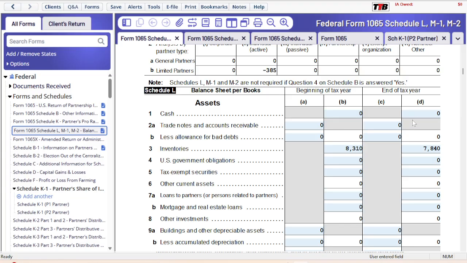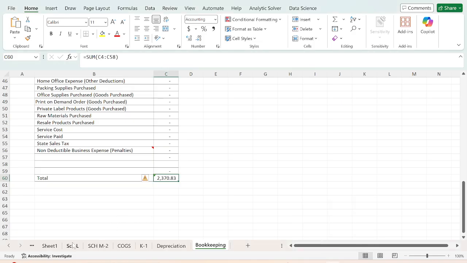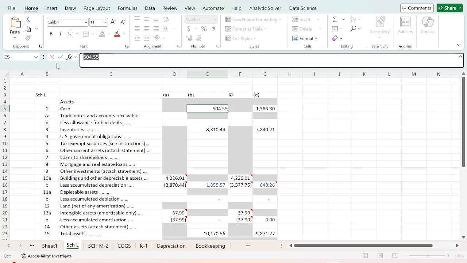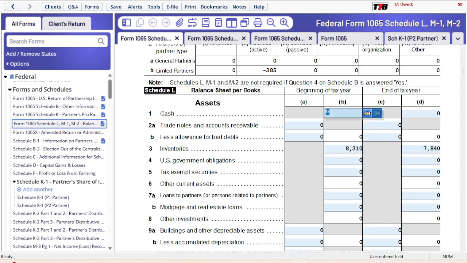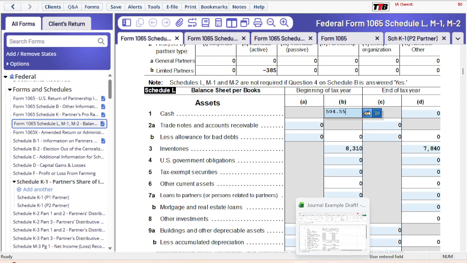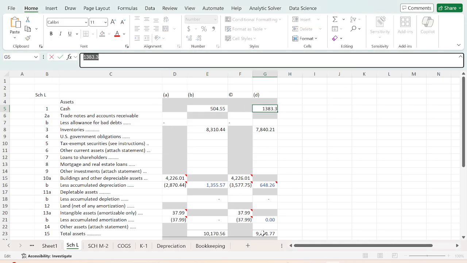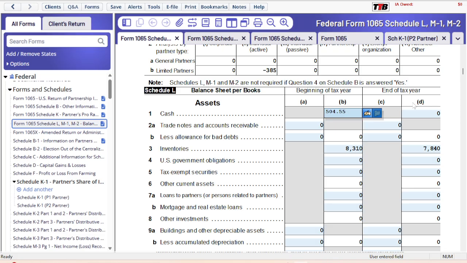So cash at the bank, let's go to here and see how you can complete your balance sheet for your business. We are going to put this number as the beginning of the year. That's what we have at the bank, and at the end of the year, December 2025, that is what we have at the bank. That is your cash level.